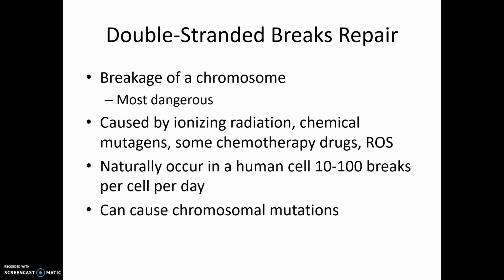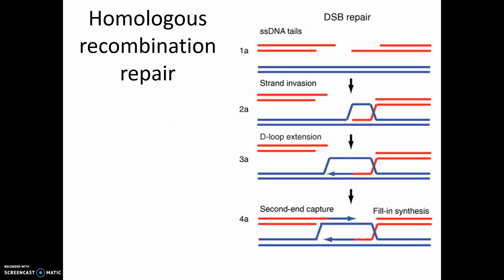This can be caused by ionizing radiation, chemical mutagens, some chemotherapy drugs, but it's also caused by those reactive oxygen species that are a normal byproduct of cellular metabolism. Double-stranded breaks are breaking entire chromosomes. So these are the most dangerous types that we'll talk about because we can lose several different genes when these occur.